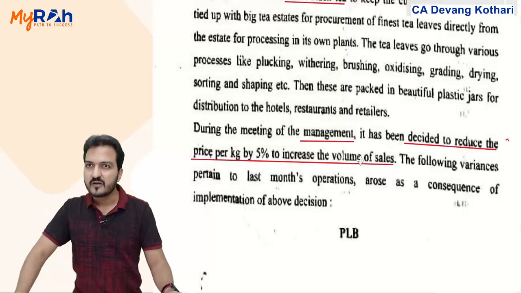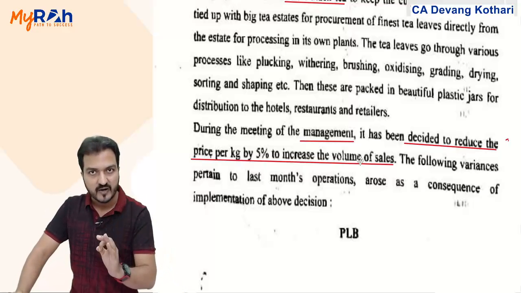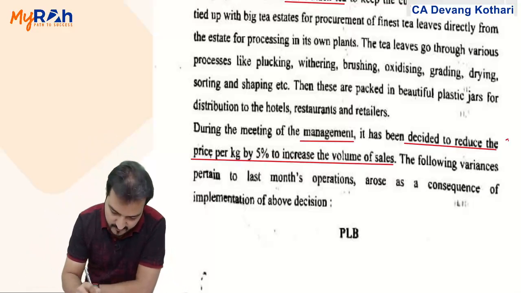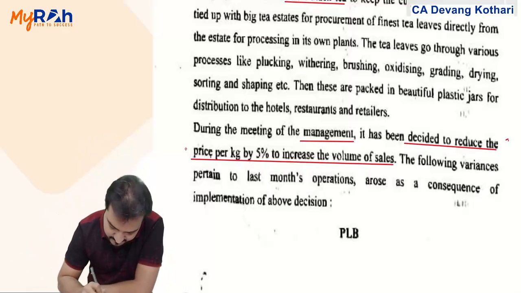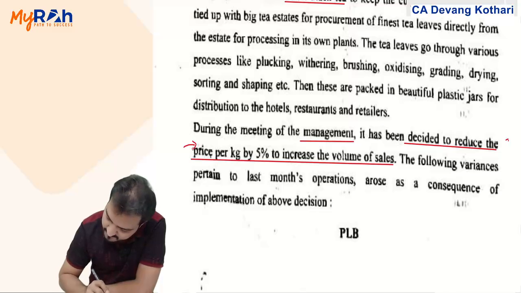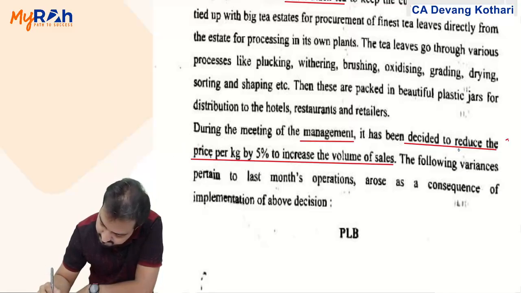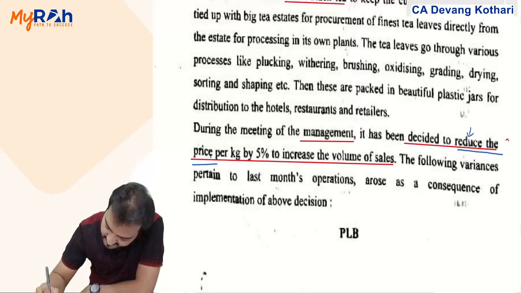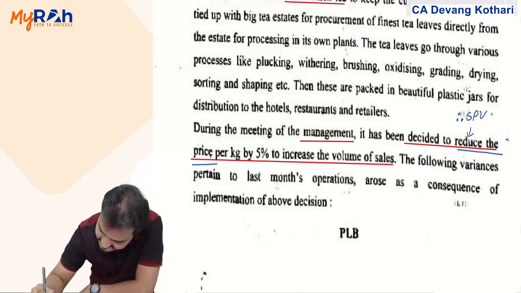What did they decide? They decided to reduce the selling price. Now think, if they decide to reduce the price, I can say therefore sales price variance should come adverse.